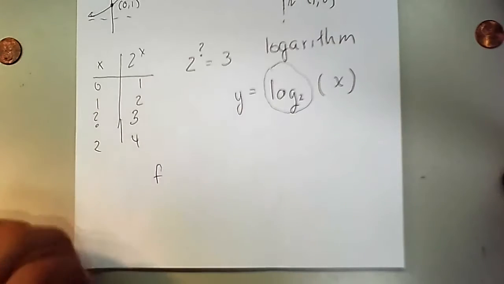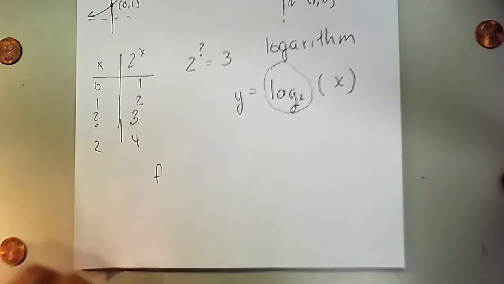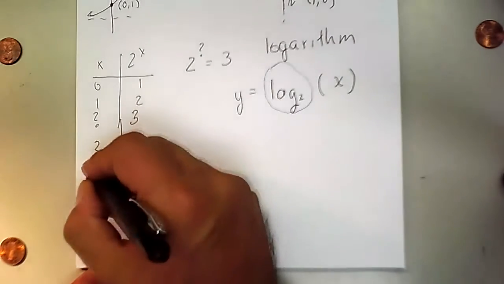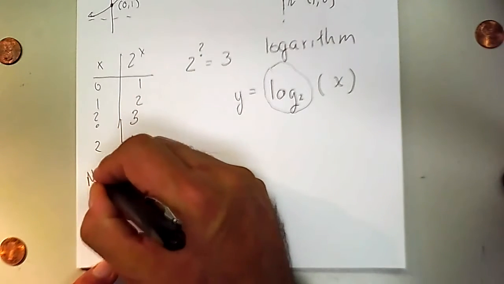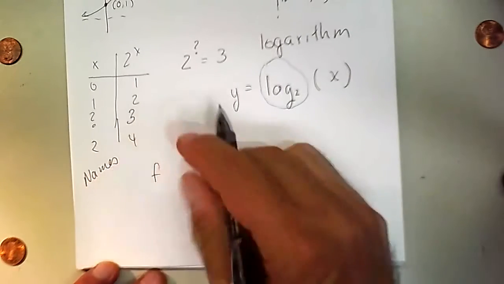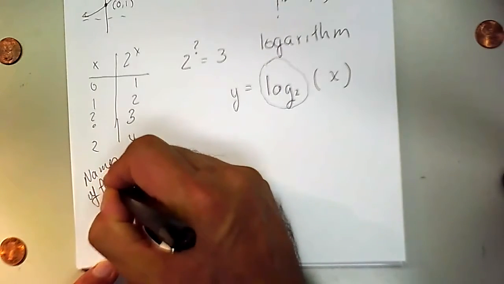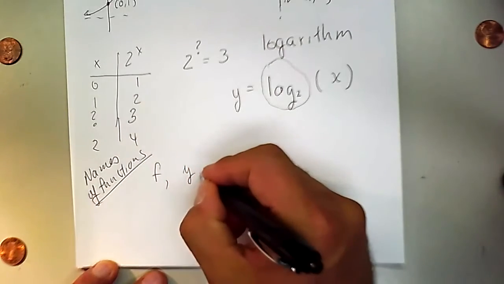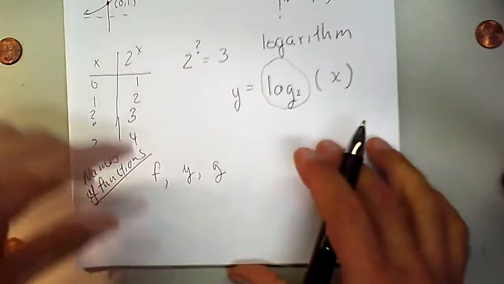A lot of the functions we use in algebra have the name f because it's an abbreviation for function, or also y. So let me write down names of functions, such as f, y, you know, you can call it g, etc.